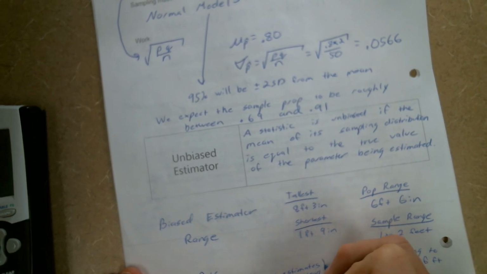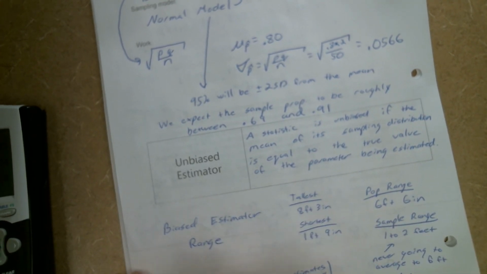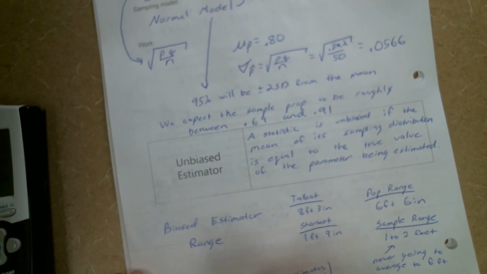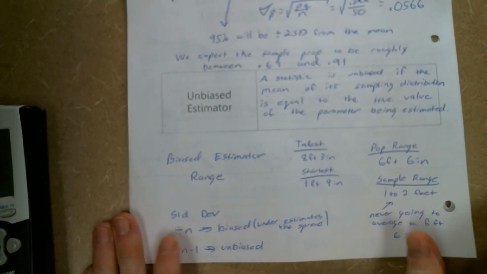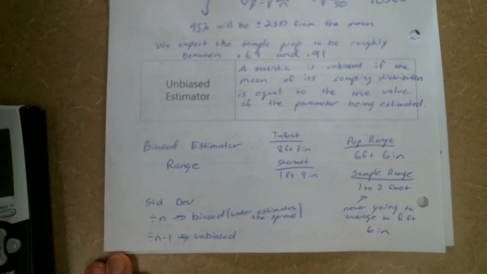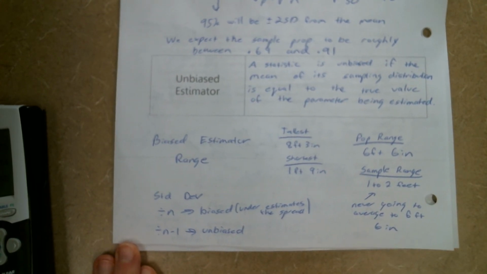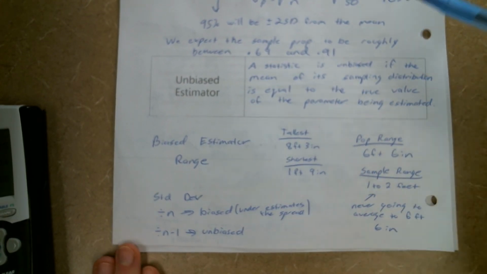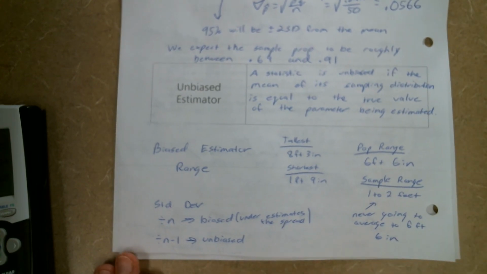When you divide by n-1, it's unbiased. In any given sample, it might not give you the right value, but on average, it's going to give you the correct value. So all of this stuff that we did throughout the notes relies on it being an unbiased estimator.